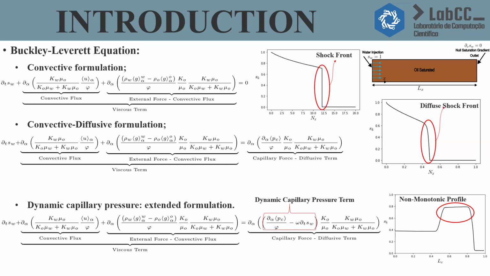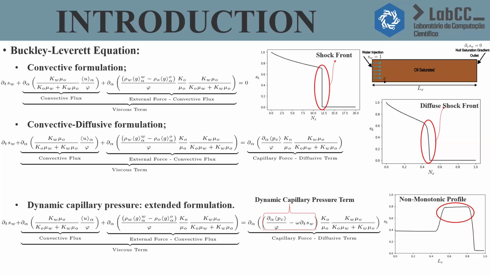These two convective terms create a monotonic solution where, depending on the point, we'll see the increase of the saturation, and it will also characterize a sharp front displacement that will create the displacement between both fluids.